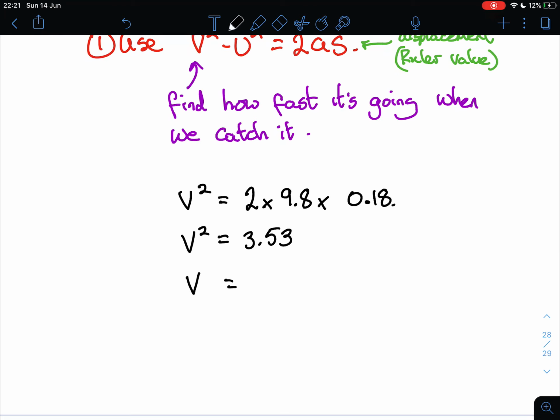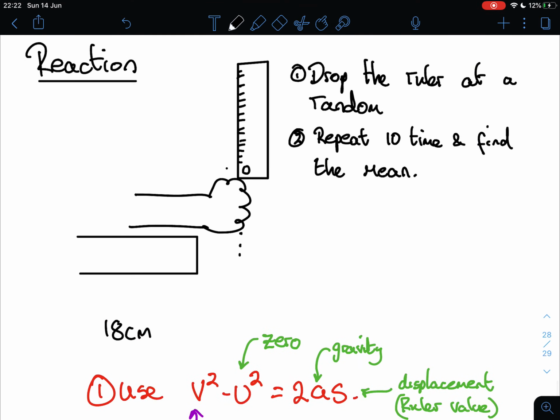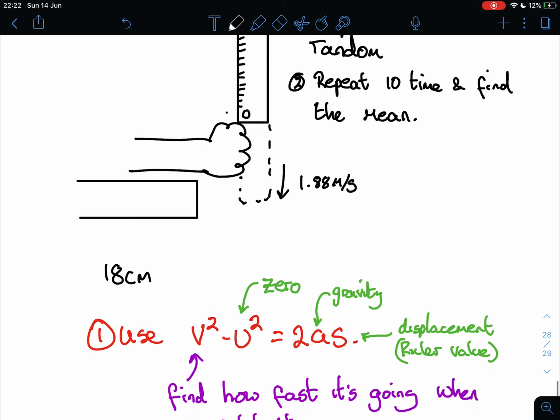So root 3.53, which is 1.88 meters per second. So at the point you catch it, say you catch it here, it was going this way at 1.88 meters per second. So that's the first part of this.